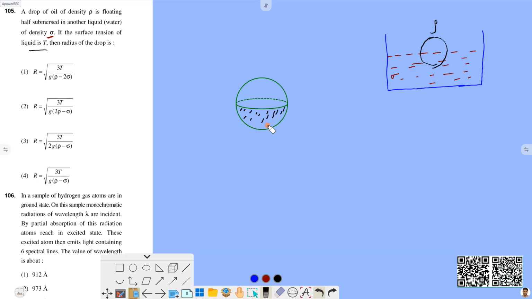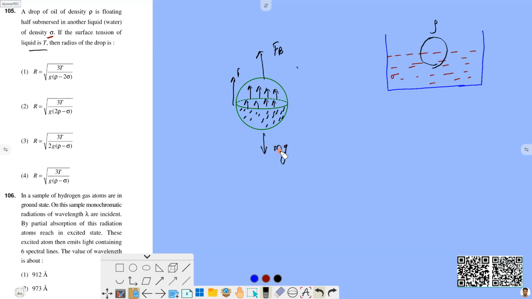Along the circumference of this drop, along this green path and this green dotted path, there will be surface tension, acting in the upward direction. There will be another force in the upward direction, that is the buoyant force, and the weight will be acting on this ball in the downward direction.